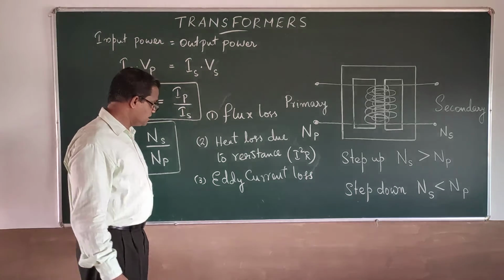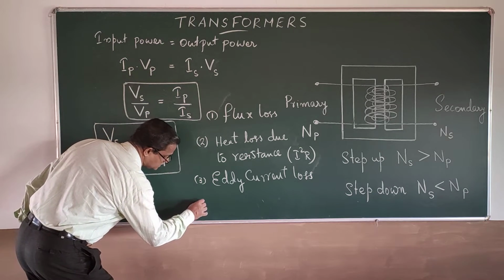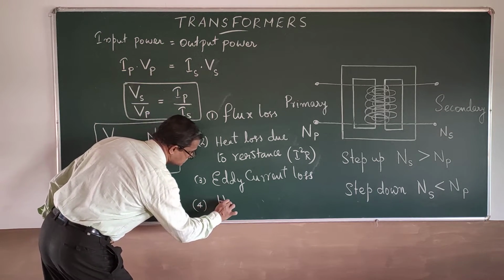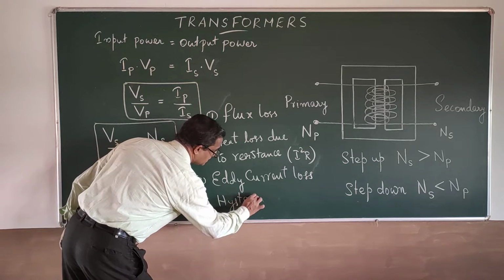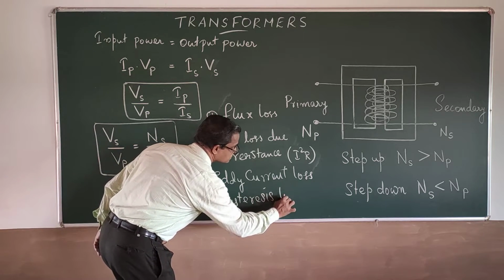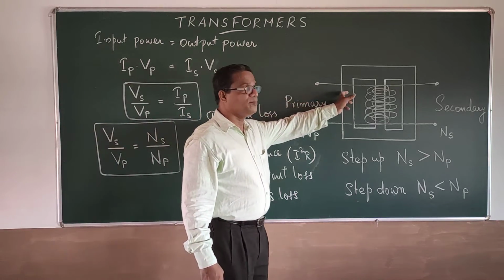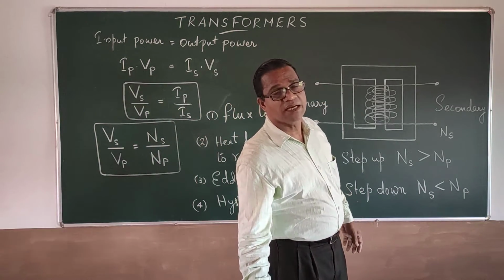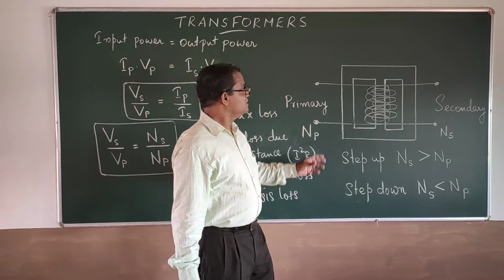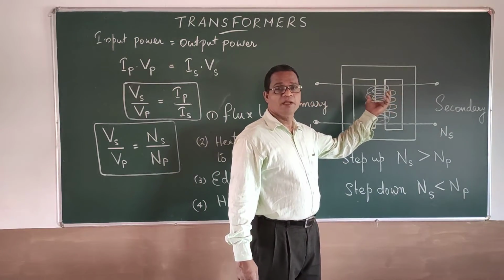The last one is hysteresis loss. Because here we are applying a varying voltage, and that varying voltage is sending a varying current.